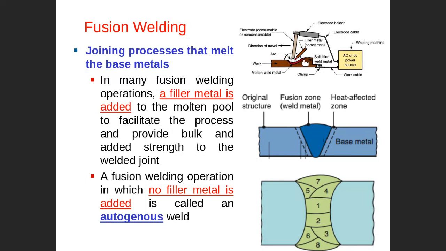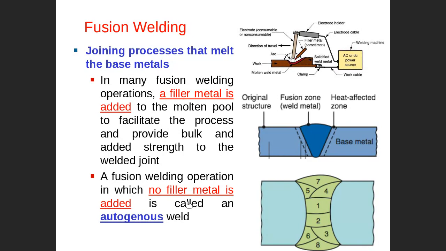This is really very important. We must add filler. However, in some fusion welding we do not add filler. We call it autogenous. Someone will ask why we don't add filler.